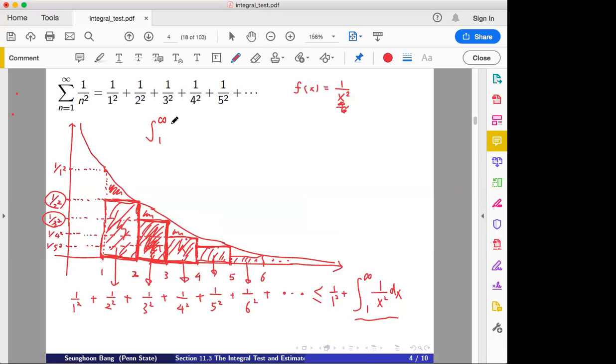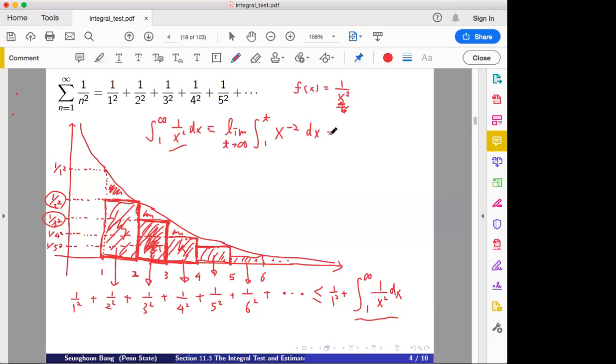1 to infinity, 1/x squared. You can change it to the limit as t approaches positive infinity of the integral from 1 to t. I can change 1/x squared to the negative exponent form.